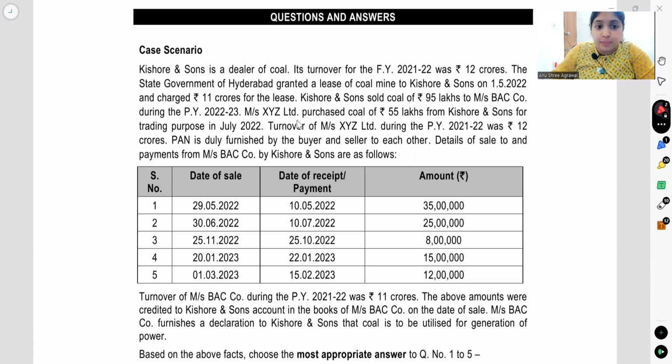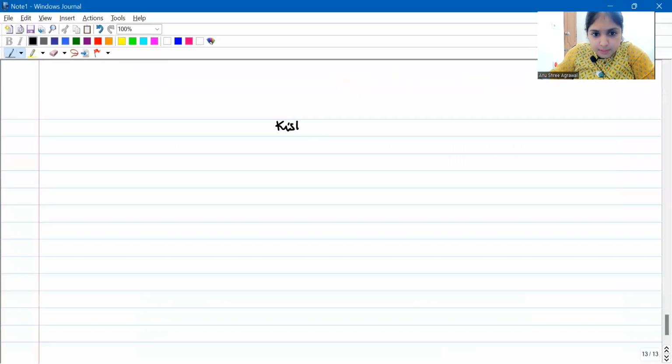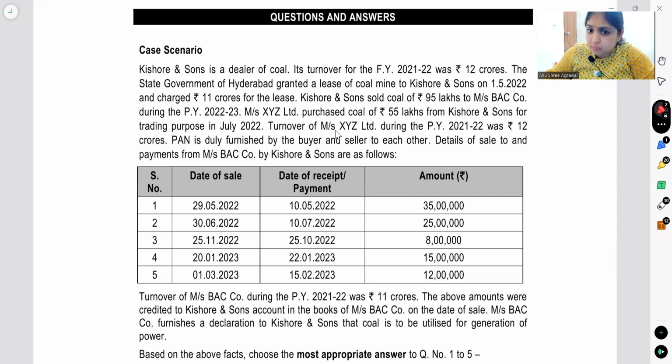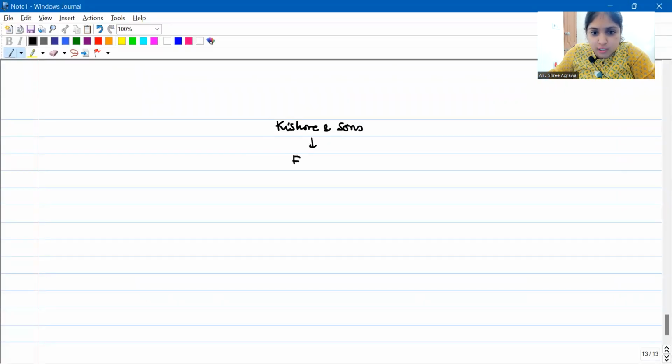All right. Kishore and Sons is a dealer of coal. Its turnover for financial year 21-22 was 12 crores. So we have a person called Kishore and Sons, partnership firm or sole proprietorship firm, we don't know. They've just given us that their turnover for financial year 21-22 was 12 crores.